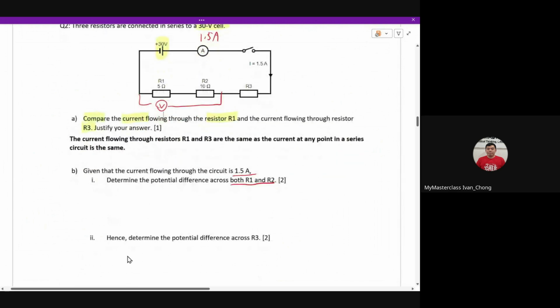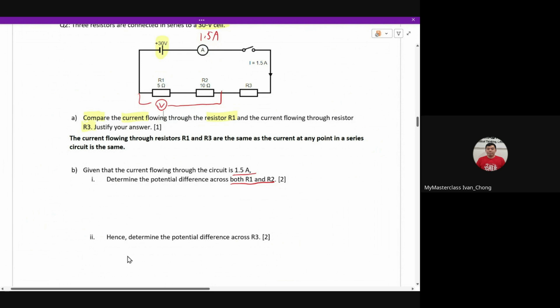You can find V1 plus V2, or there are multiple ways to solve it. First thing, we know V equals IR, correct? Current is 1.5. For R, if you add R1 plus R2 together, that is possible as well. R1 is 5, R2 is 10.